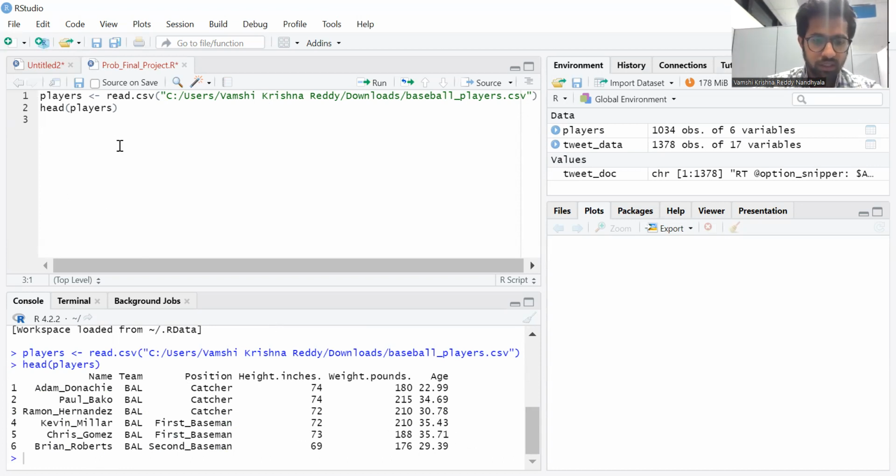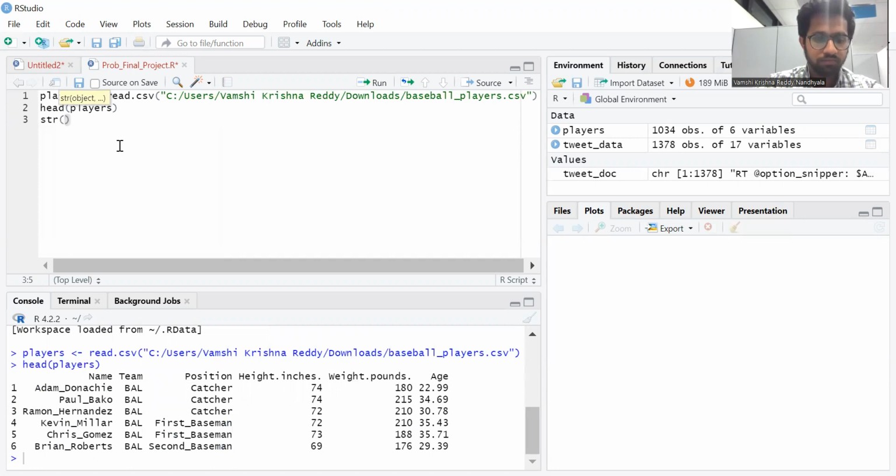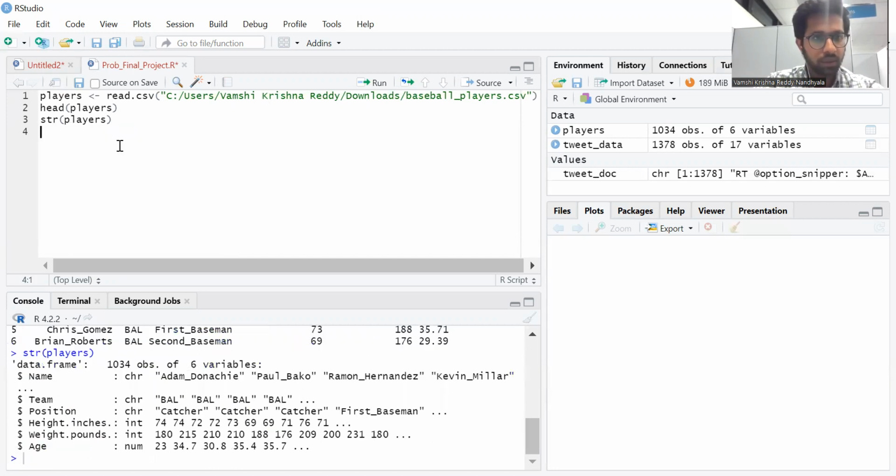Let us check the nature of the columns in our data set. Str of players gives us the nature of the columns. Here in our data frame, we could see that the name column is of character type, the team column is of character type, position is also of character type, height and weight are of integer type, and age is numeric type.